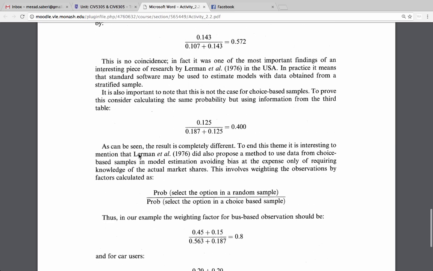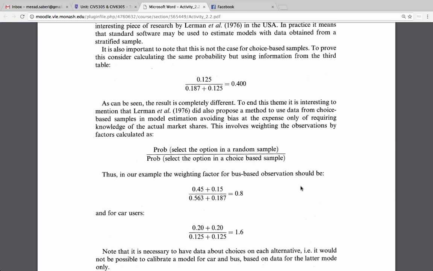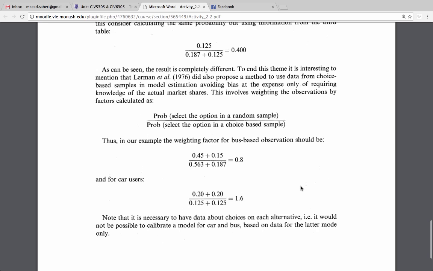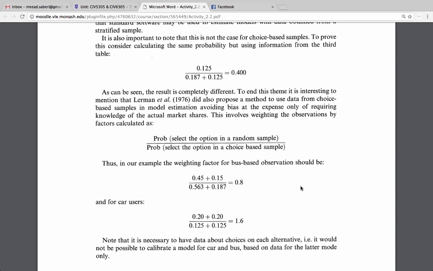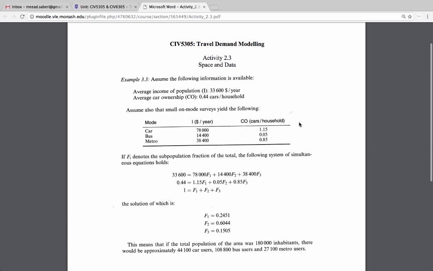However, the same person, Lerman, also proposed a method for how to use data from a choice-based sample to avoid this bias in modeling. You can go over the rest of the activity yourself, but it is a little bit beyond what I'm going to cover in this unit. But it is nice to bear this property in mind when we go over the discrete choice modeling materials in a few weeks from now.